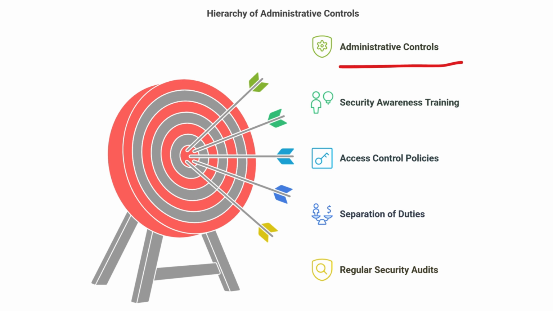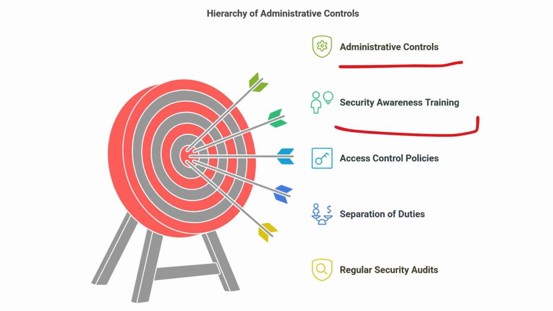They tell employees what they can and cannot access, how they should authenticate themselves, what to do if they detect a security threat, and how access rights are assigned, monitored, and revoked. While technical and physical controls enforce security, administrative controls guide and regulate them. Let's break down some of the most important administrative controls with real-world examples.